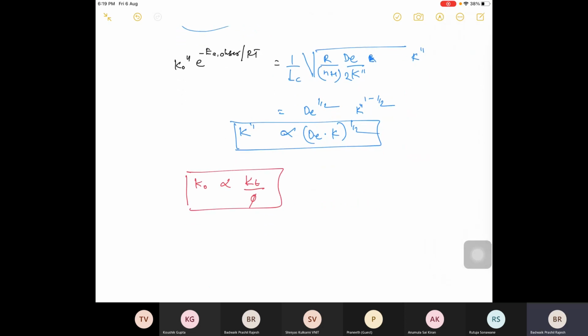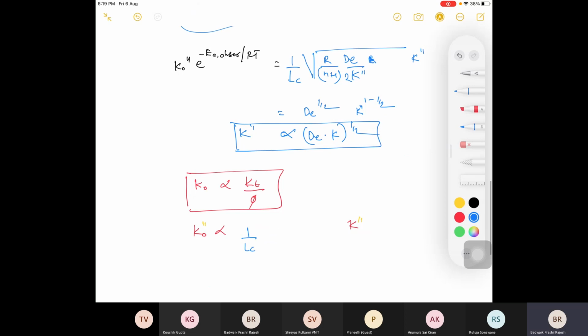Now you substitute the value of phi. So it will be your K true, and both are double dash. I'm writing double dash here, and here also double dash. Then what is the value of phi? Phi is 1 by Lc. So phi is n plus 1 by 2 K by De Ca to the power n minus 1, and then Lc is multiplied outside.